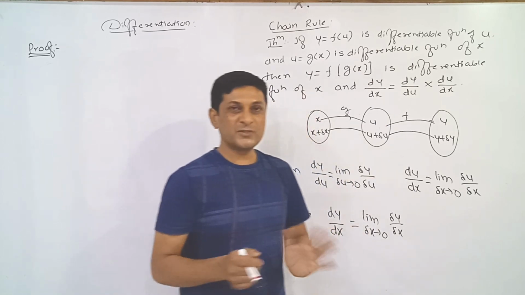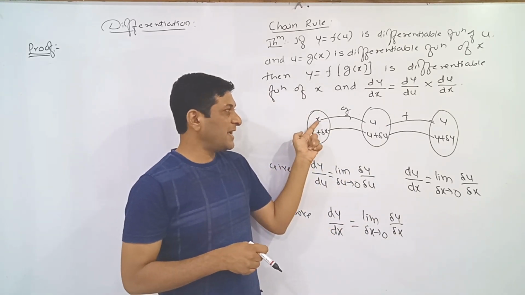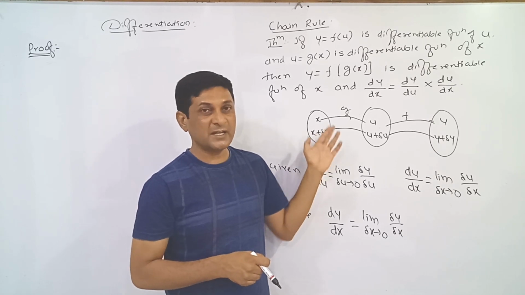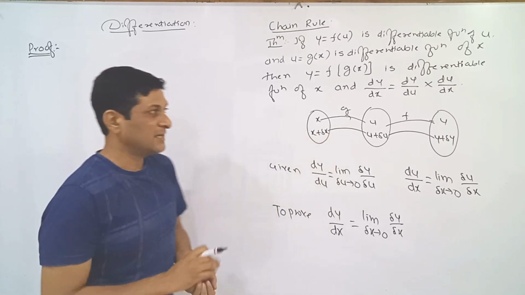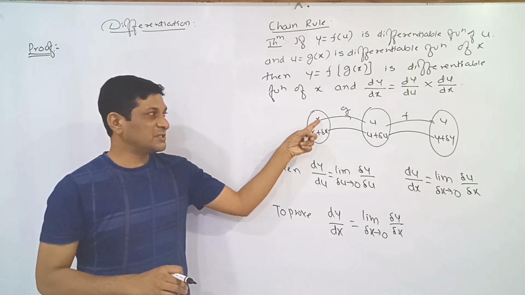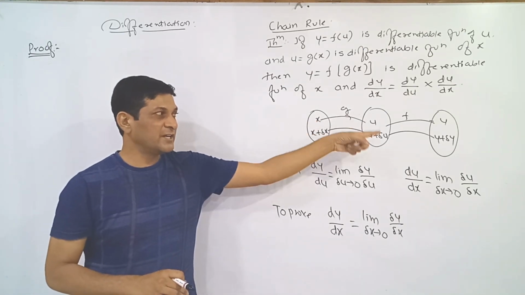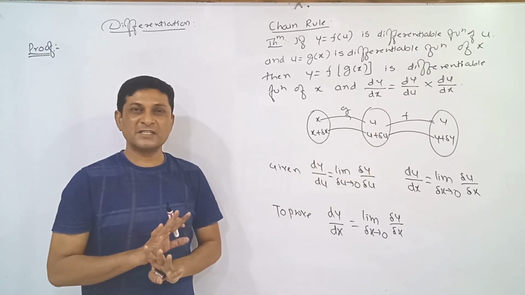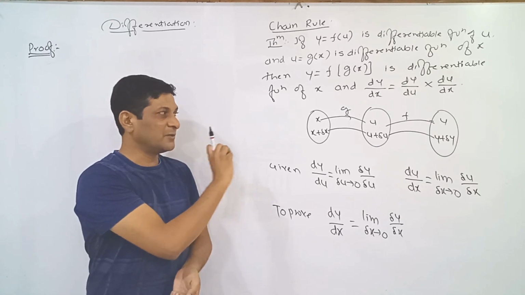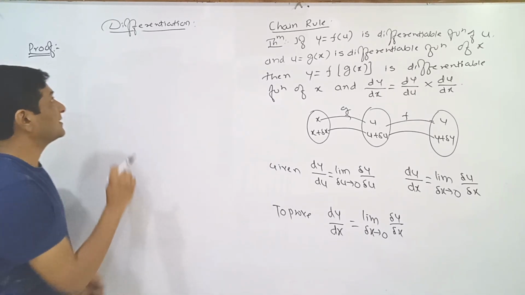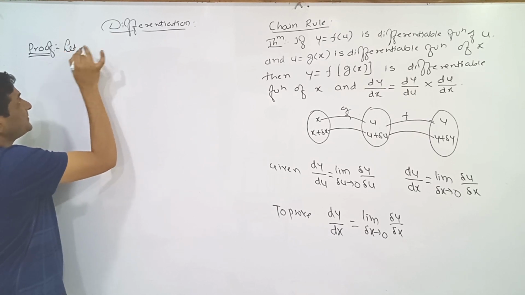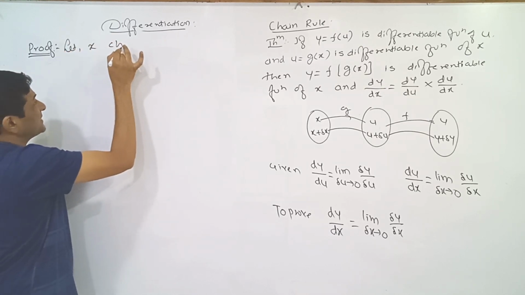Okay. So first we will suppose that x changes to x plus delta x, where delta x is nothing but the increment in the value of x. We have already shown the increments in this figure. In an examination, it is not necessary to draw this figure; we have drawn it just for your understanding.